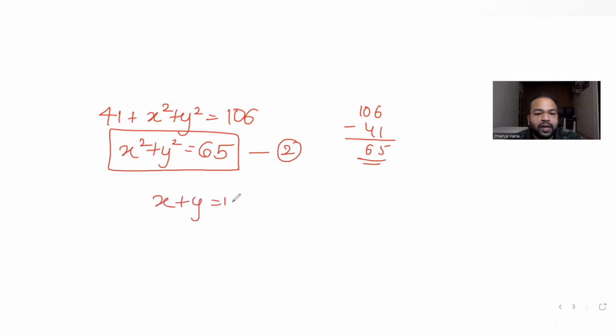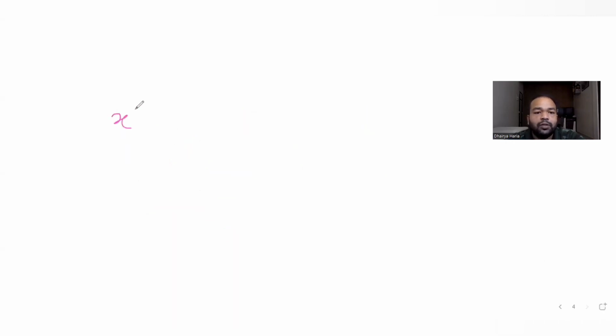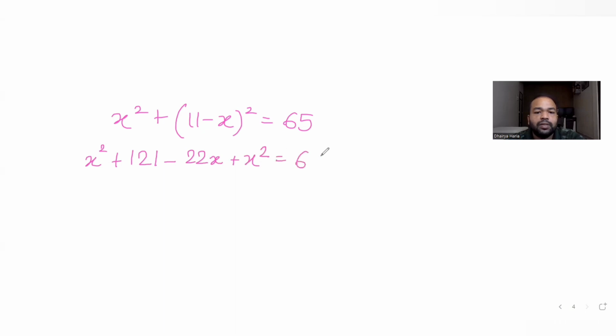The first equation we had was x plus y is 11. From this I can take y as 11 minus x, and substitute it in the second equation. So the equation becomes x square plus, instead of y, 11 minus x the whole square, is equal to 65. Using a minus b the whole square is a square minus 2ab plus b square, we have x square plus x square, 2x square minus 22x plus 121 minus 65, which is plus 56, equal to 0.